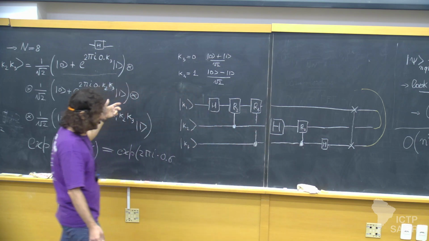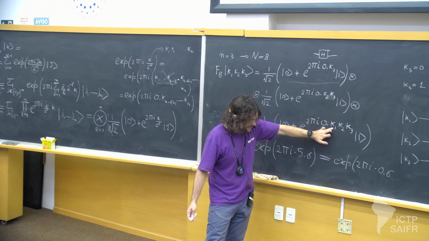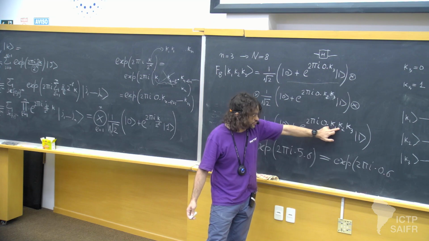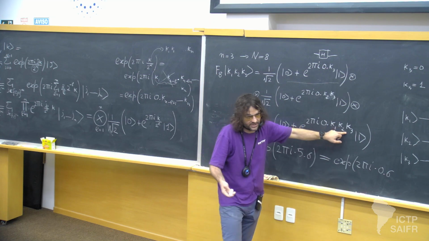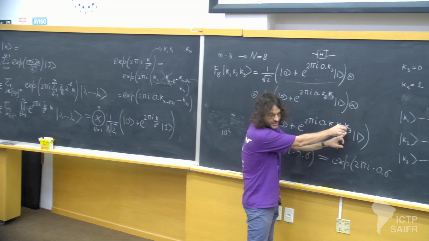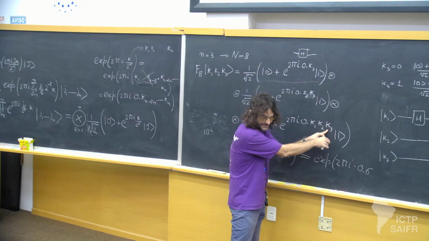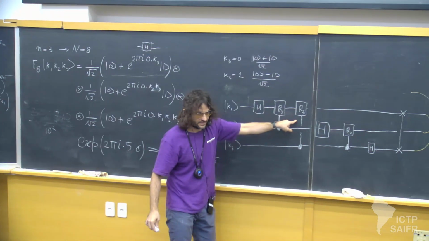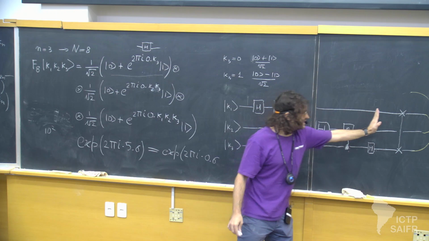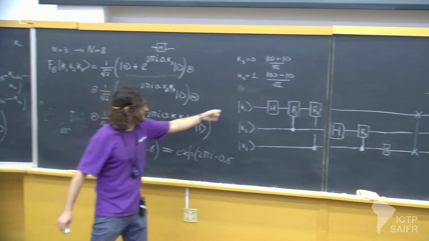And then, now we are almost ready. Here you have to do Hadamard, then the R2 controlled by the second qubit, and then finally the R3 this time, because you have to go 3 digits, so you need an R3 controlled by the K3 qubit.